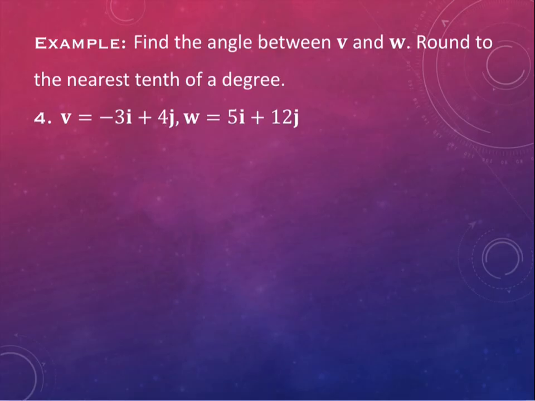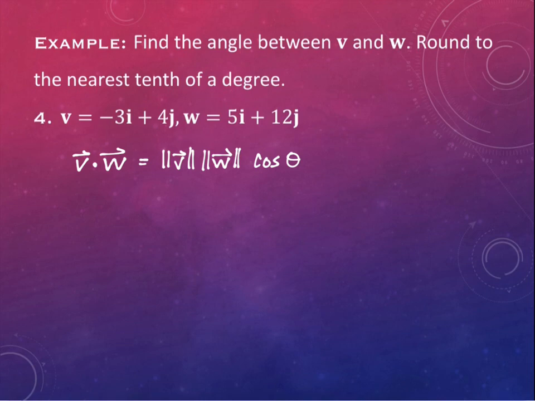All right, so we have these two vectors given to us, and we have this formula on the previous slide. It says that the dot product of v and w is going to be equal to the magnitude of v times the magnitude of w times the cosine of theta. That's the formula. You can do this all in one formula. There's nothing wrong with that.